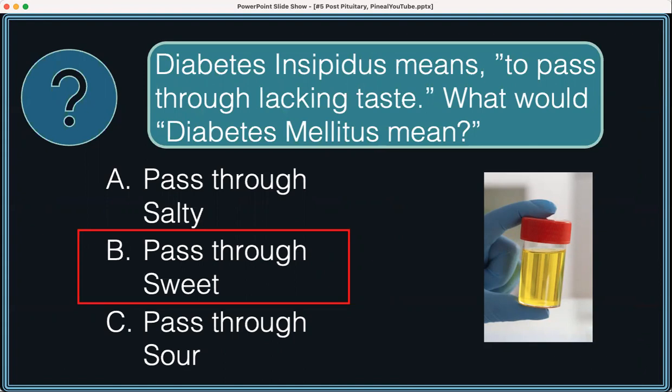With diabetes insipidus, it's lacking taste. So it's so dilute, you don't taste any salts or anything. And in times past, actually, they did taste the urine. That was the only way medical providers could tell if someone was diabetic or not. They could taste the urine and see if it was sweet.